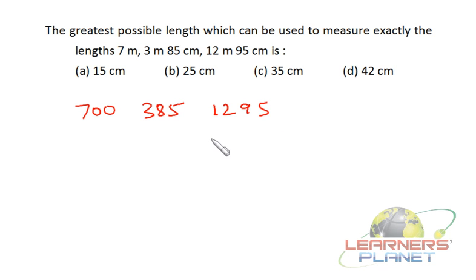So we have to find out the HCF of these three numbers. Now further there are various approaches to solve this problem. You can even go for prime factorization method or division method. And what I am discussing over here is a smart way to do the problem, that is the backward approach.